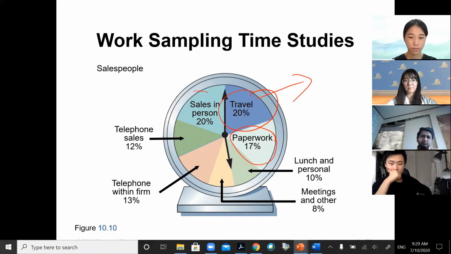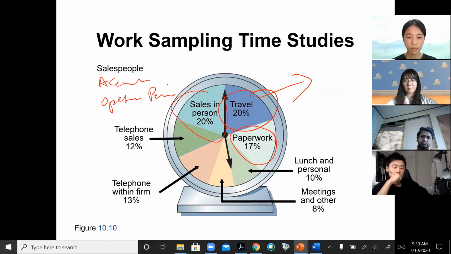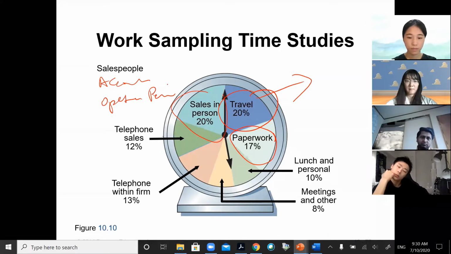Sales in person. Okay, so this is the percentage of time. You can do this for engineers, for accountants, for operations personnel, for clerks, for anyone. Work sampling, time studies. It is indicative.